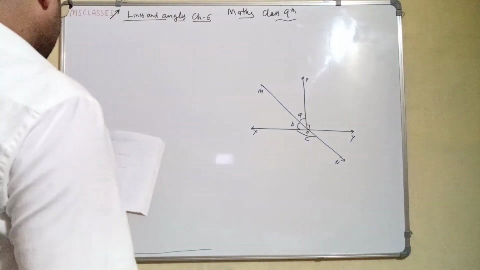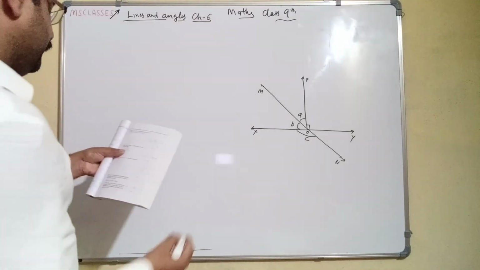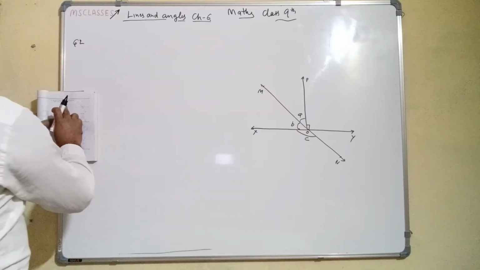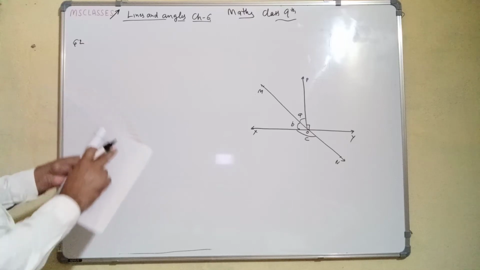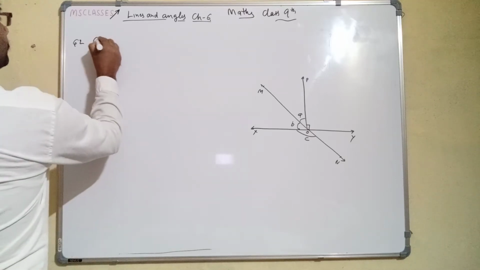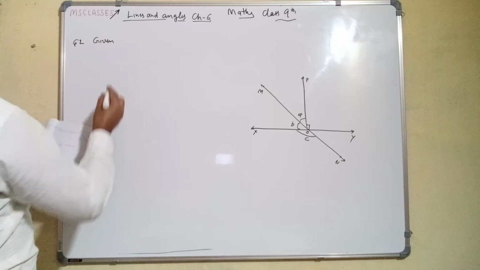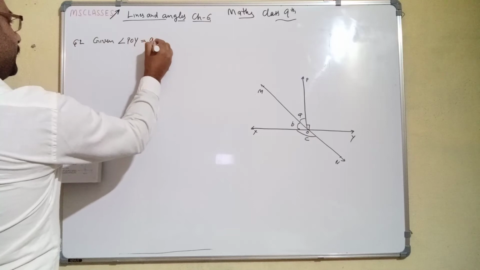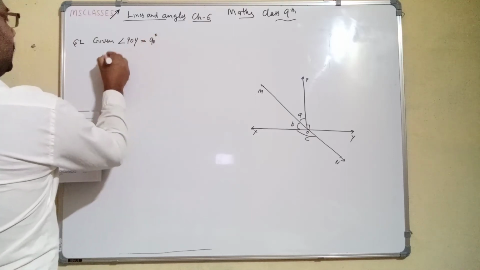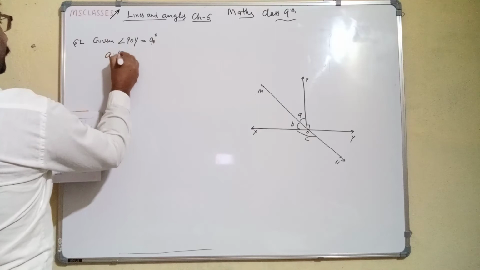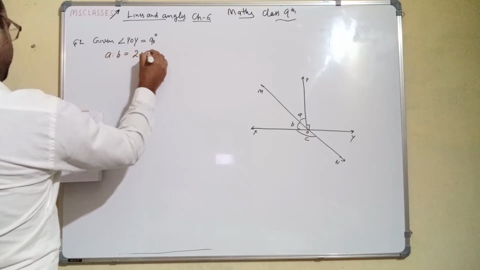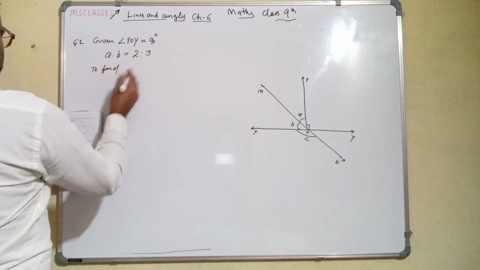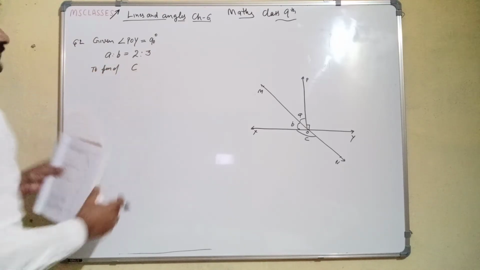Right? So in figure 6.14, your question number second: line XY and MN intersect at O. If given angle POY is equal to 90 degree, A is to B is equal to 2:3, find C. So this is your question.